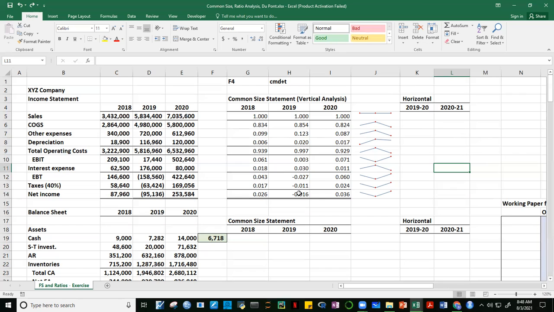Hindi tayo nag-inventory management? So many things like this, no? So these are information which should be used as part of managerial decision making, no? Titingnan kung bakit 2020 and what did we do right noong 2020. So what did we do right which made the cost ratio very good, no?